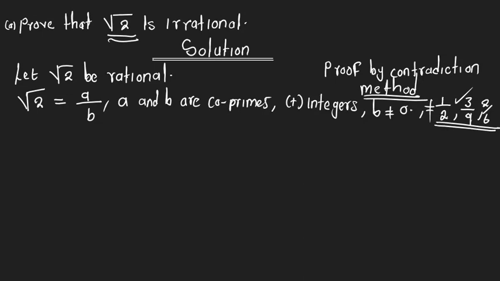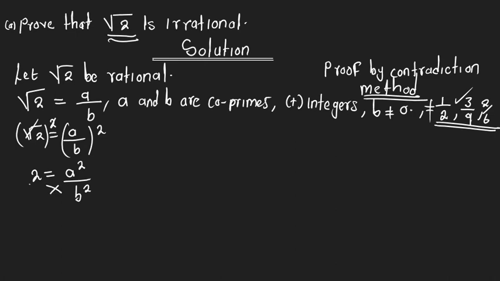So now, if we reach here, then we're going to say that root of 2 is going to equal a over b. Then I square this. That and that will go. So I'm going to remain with 2 equal to a power 2 over b power 2. Okay? You outline all these steps.